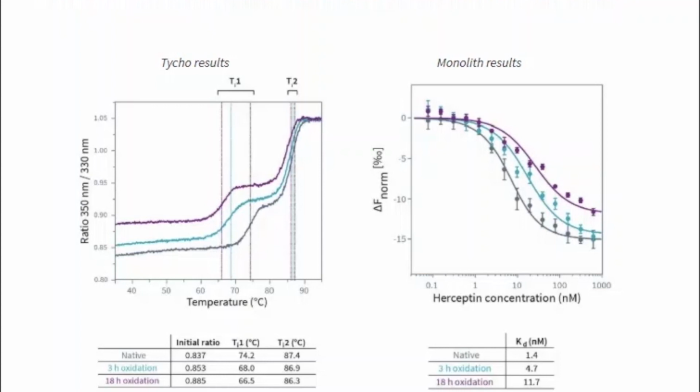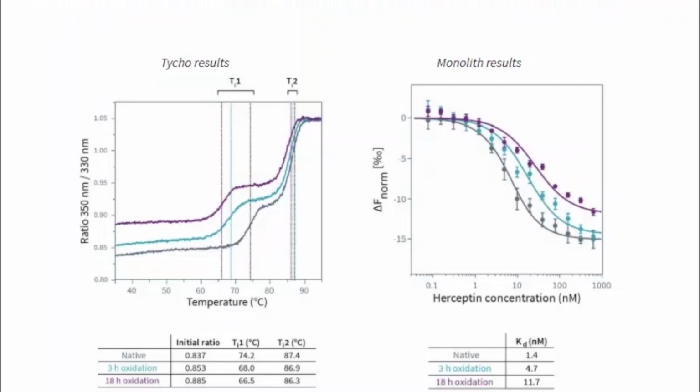To confirm the destabilizing effect of the hydrogen peroxide treatment on the monoclonal antibody, we took the same samples and ran them on our Monolith system, which is our technology for looking at binding interactions. And you can see that the results on Monolith confirmed what we saw on Tycho. The native condition gives you a binding affinity of 1.4 nanomolar, and there's a right shift upon hydrogen peroxide treatment.